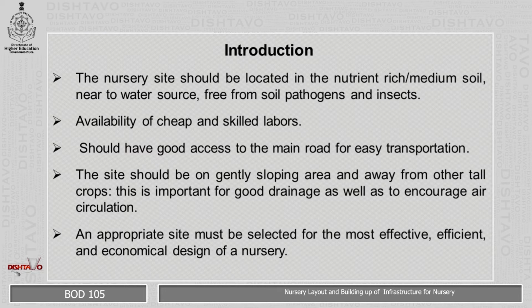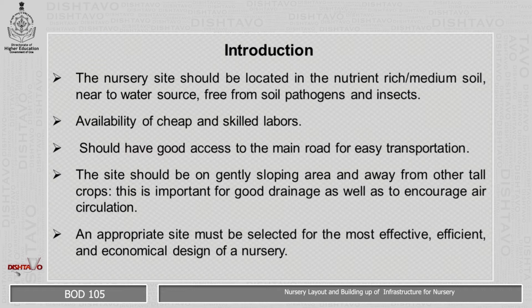Also, the nursery should be located near a source of water, which is a perennial source of water. It should be free from soil pathogens and insects and pests. It should be away from the thick forest, which may be a source of insects and pests, and it should be a pristine area.